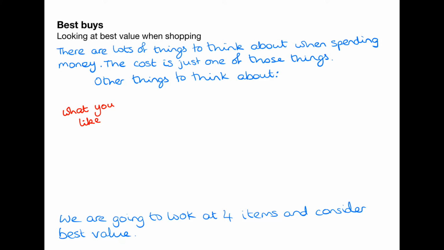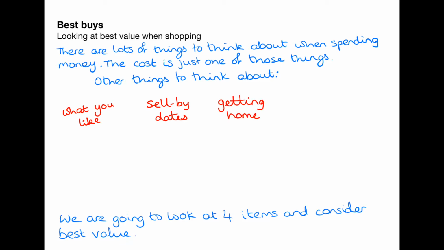Okay, other things to think about. Sell-by dates. Okay, if something might go off, there's no point in buying loads and loads of it if you only use a bit of it, even if it is best value. Okay, other things to think about. How about getting home?